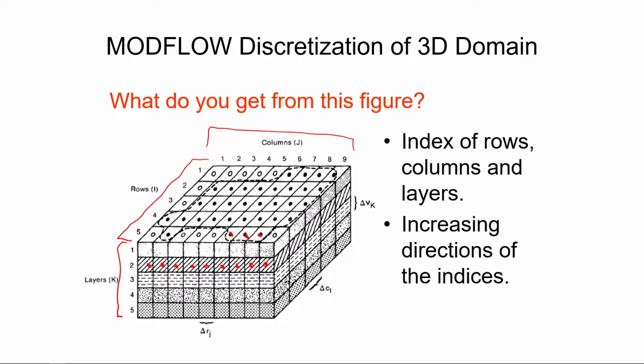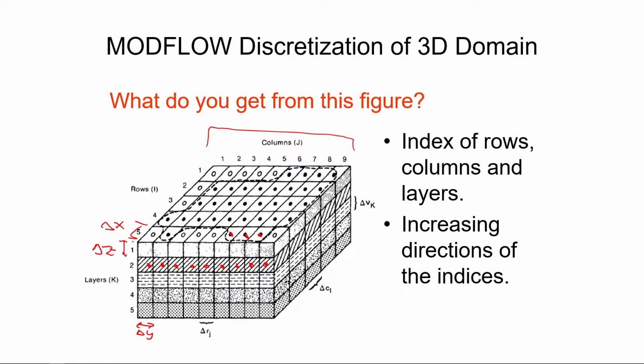This would be, for example, your delta y. Here, that would be your delta x. Sorry, that would be your delta z, and that would be your delta x.